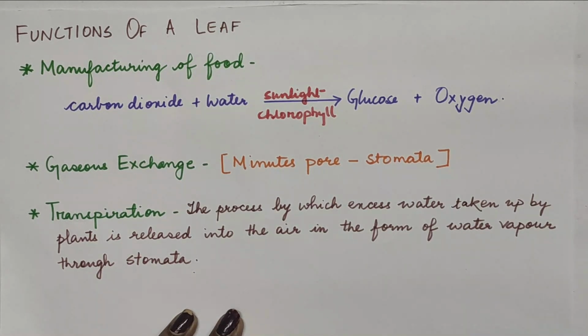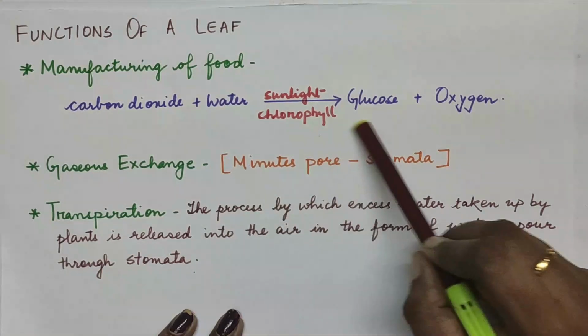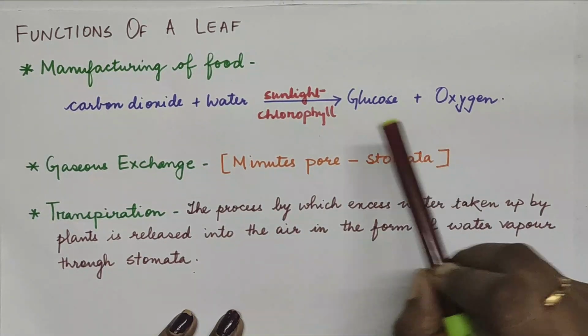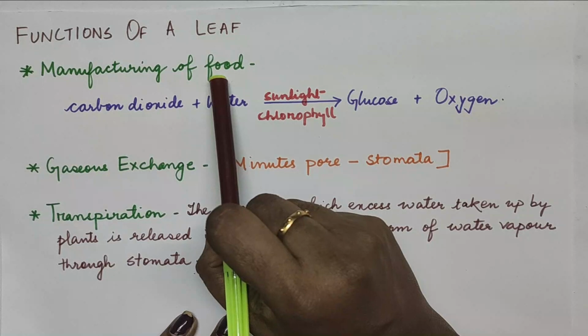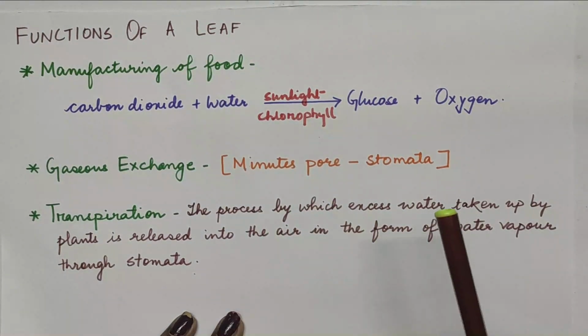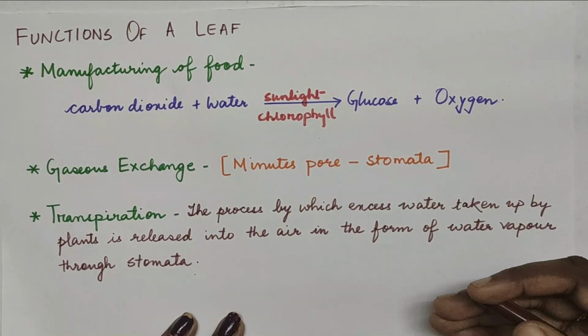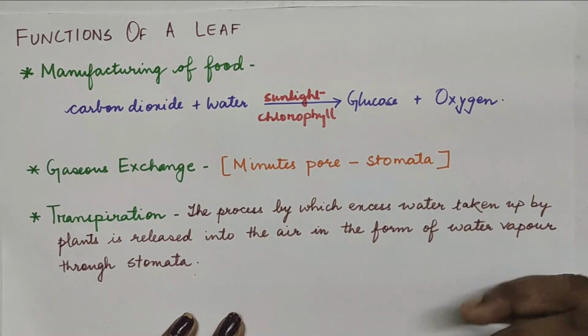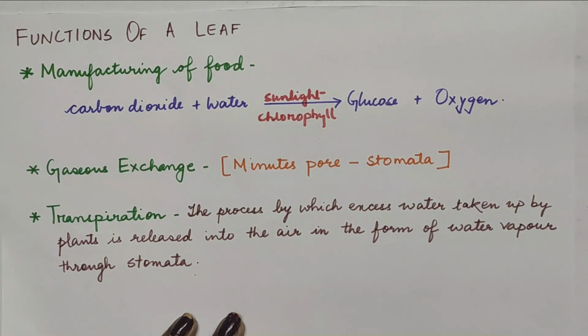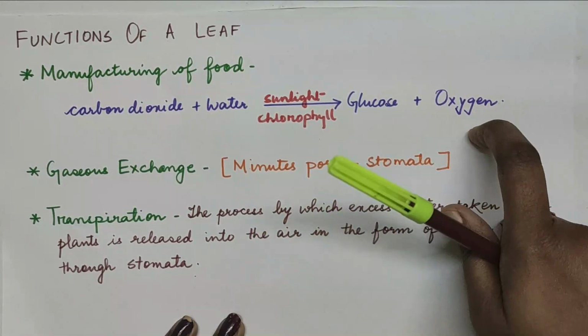This is the reason, because plants give us oxygen as a byproduct of photosynthesis. Also it is manufacturing food for itself, because it contains the green pigment chlorophyll, which helps it to do photosynthesis, which in turn produces glucose and oxygen.